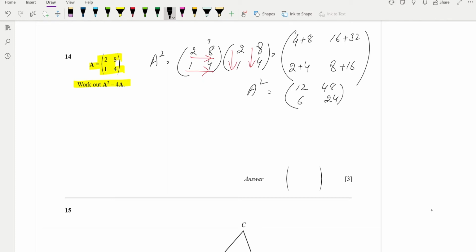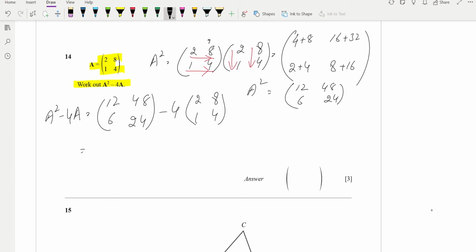Now we can find A square minus 4A. A square, which we already found, is copied over here, 12, 48, 6, 24, and minus 4A. For 4A we write capital A, which is 2, 8, 1 and 4.